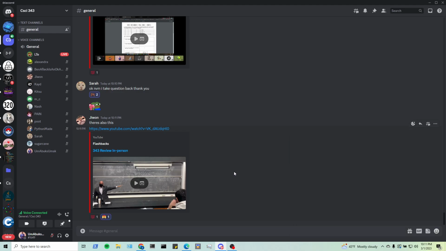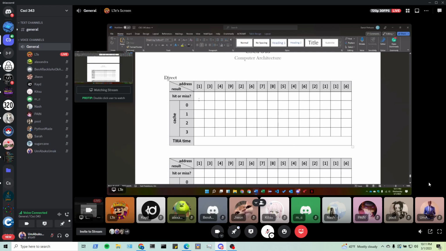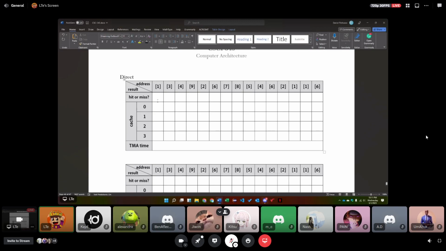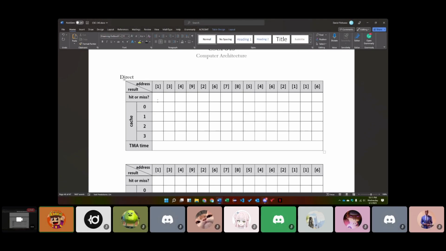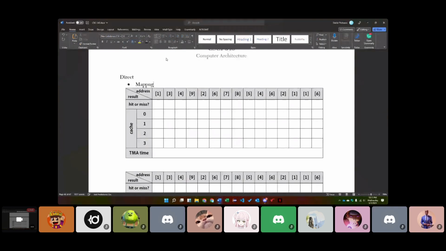I guess the first thing we'll do is direct. Direct mapping uses a trivial replacement algorithm. With direct mapping, the way you map things is just the reference mod cache size.